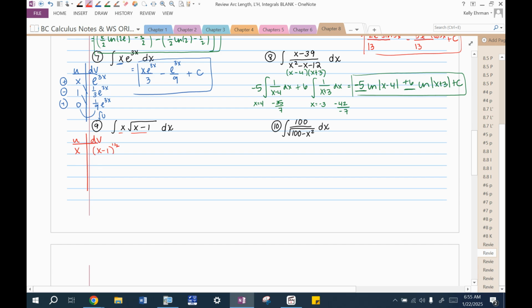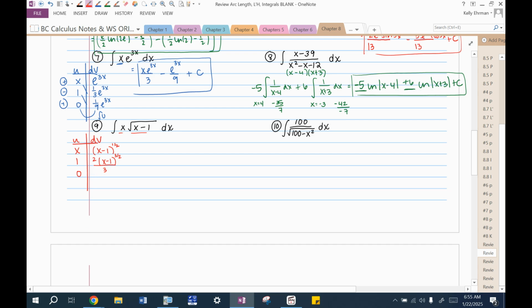All right, so the derivative of x is 1. The derivative of 1 is 0. When you integrate this, you're going to add 1 to the exponent. You'll get x minus 1 to the 3/2, and then it'll be times 2/3. And then do that one more time.